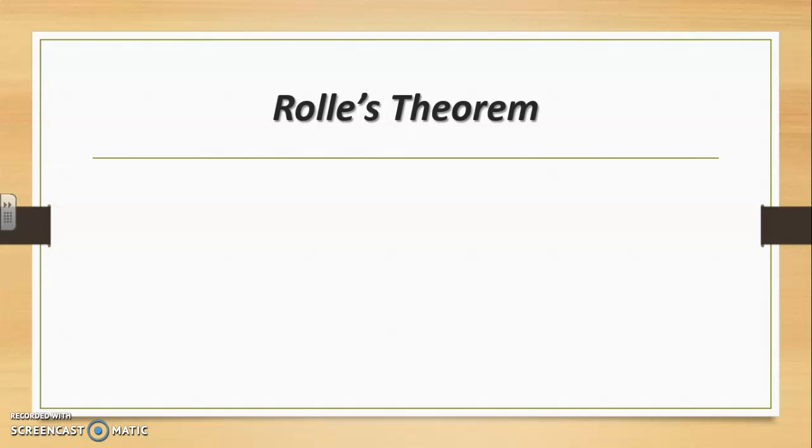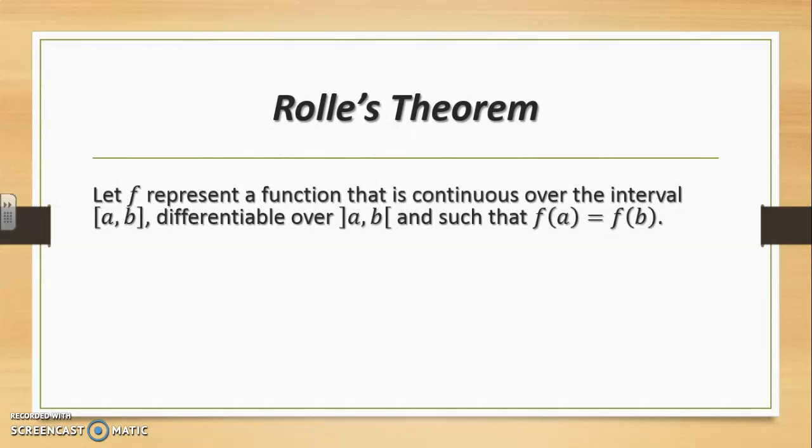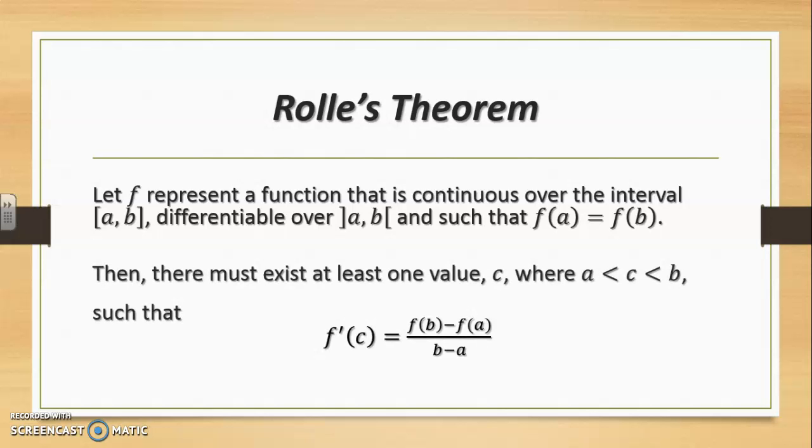This last example is actually an application of what we call Rolle's theorem. Rolle's theorem is really just a particular case of the mean value theorem when a function is continuous over an interval a to b inclusively and differentiable between bounds a and b, and if moreover the values of f at a and at b are the same, then the mean value theorem still applies, and the fact that the function's values are equal at the extremities means that f prime at c is not equal to the slope of the secant line, which has an arbitrary number, but in this case would simply be a secant line of slope 0.